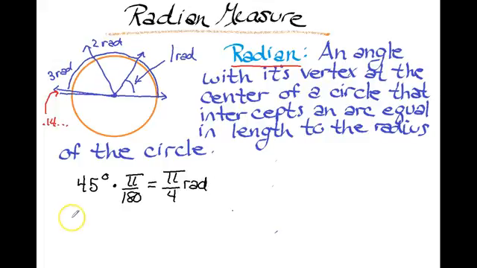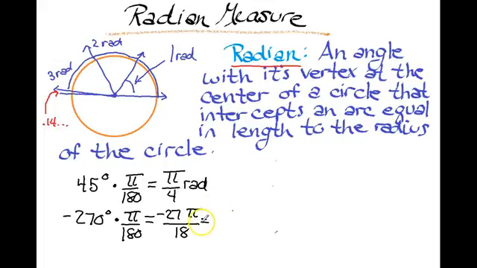If we have negative 270 degrees and we want to convert that to radians, we would also multiply by pi over 180. What goes into both 270 and 180? Well, definitely 10, so let's take that 10 out.